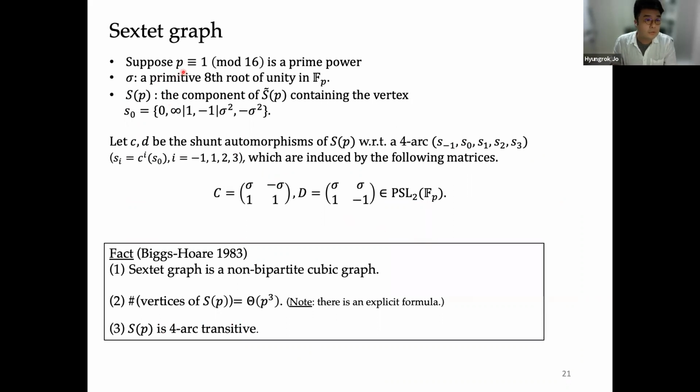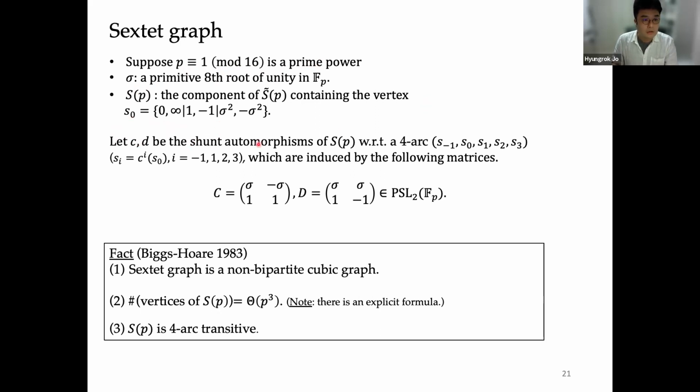So we suppose P is 1 modulo 16. I'm sorry, this is not a prime power; here P is just a prime number. And sigma is a primitive 8th root of unity. And SP is the component of this sextet graph containing this initial vertex.